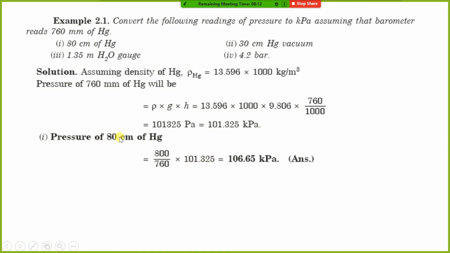Whenever you have to convert mm of Hg into kilopascal, divide by 760. Why divide by 760? Because 760 represents 101.325 kilopascal. Therefore, 800 divided by 760 into 101.325 gives 106.65 kilopascal. Or you can directly divide by 750.